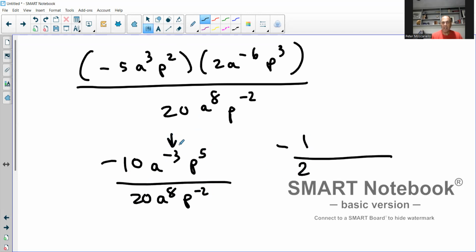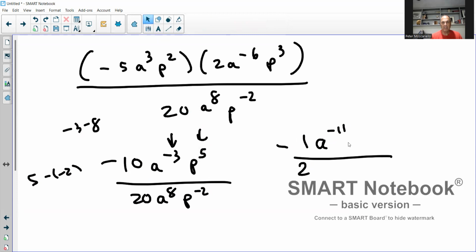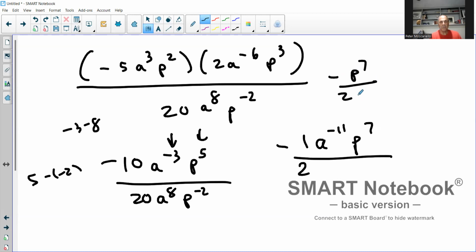Subtract the exponents, starting from the top, that's negative 3 minus 8, so that's a negative 11. Start from the top, that's 5 minus negative 2, that's positive 7. So I'll get negative p to the 7th over 2a to the 11th.